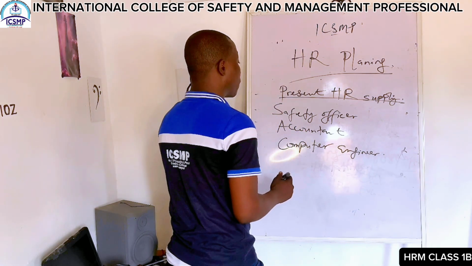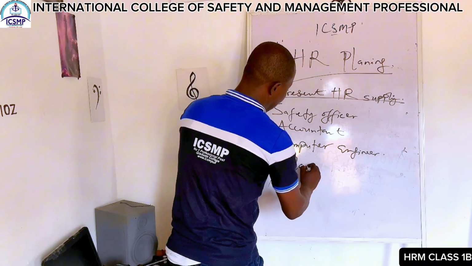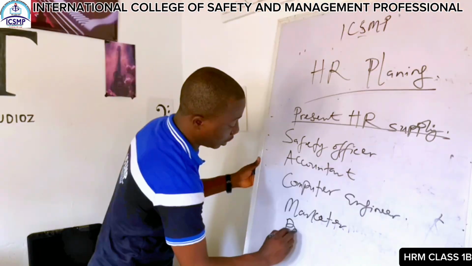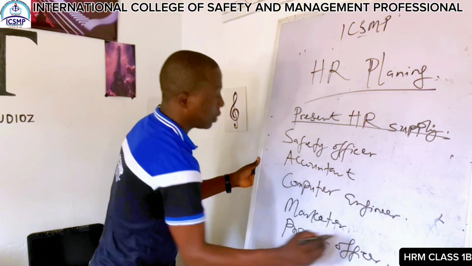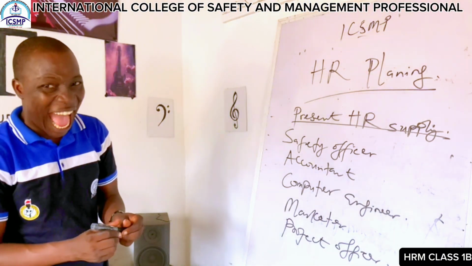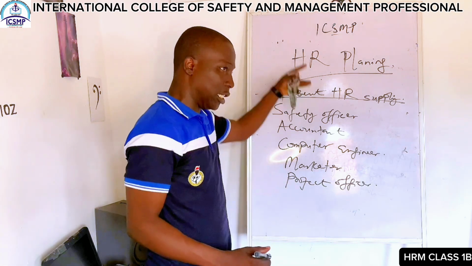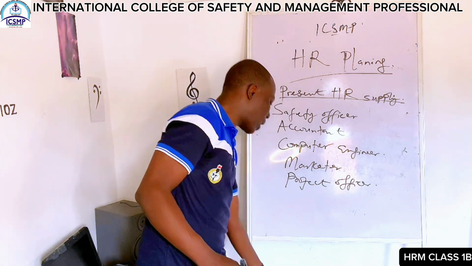You are also recruiting for the position of a marketer, of the project officer. Let's say these are your areas of interest. This is the recruitment. These are the vacant positions within that organization.